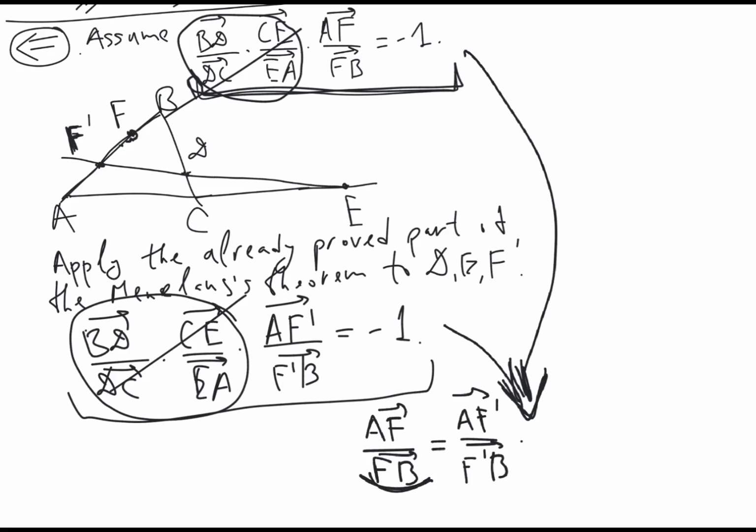So if we have the ratio, there is a unique point F that divides the segment AB in a given ratio. So if these two ratios are the same, it follows that the point F is the same as the point F prime.